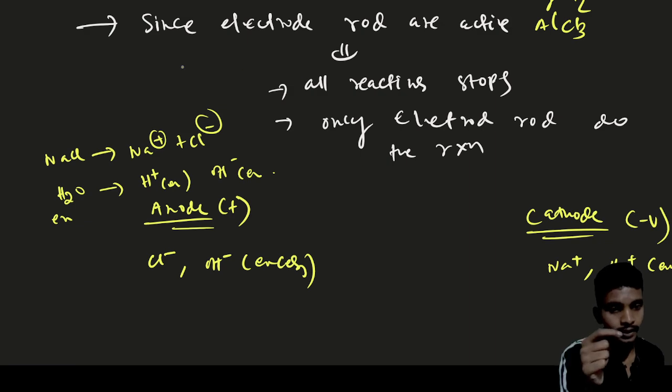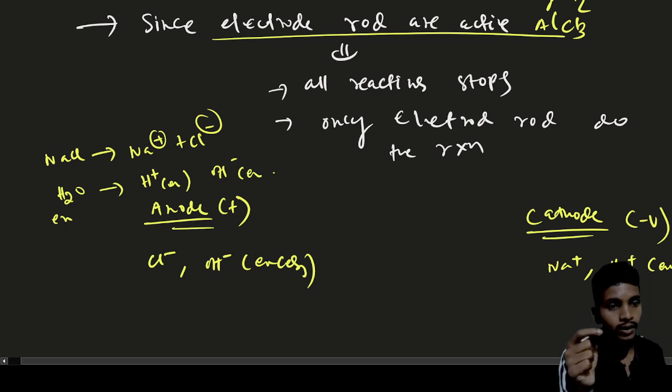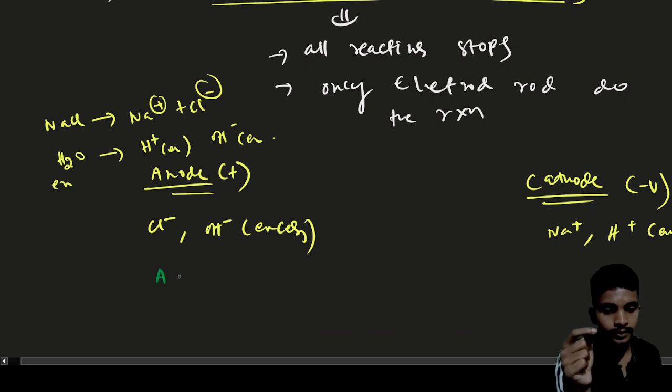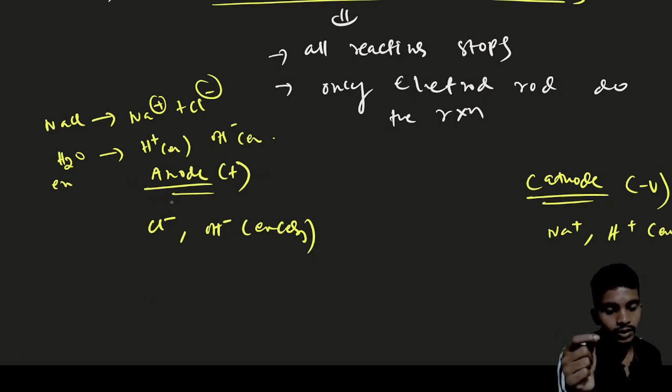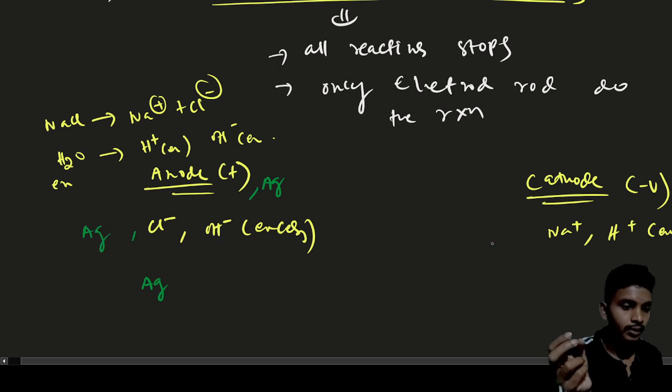But since the electrode is active, the Ag electrode itself does the reaction. Since the electrode is active, Ag also participates here. So in competition Ag came, and at the other side Ag plus came.